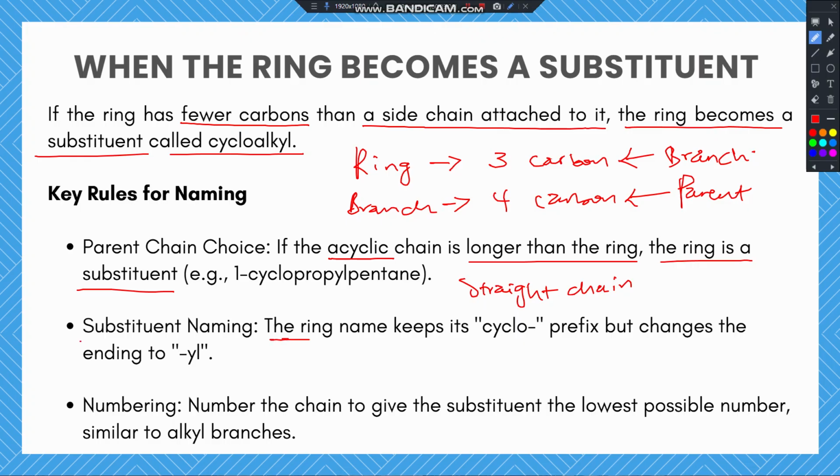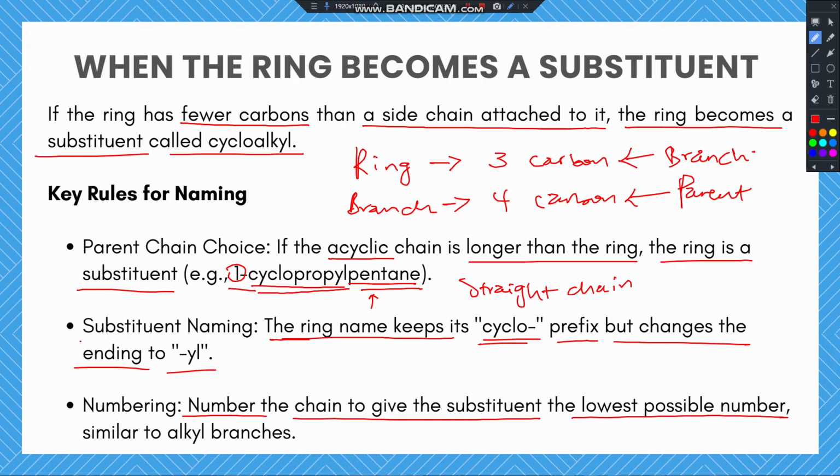The ring name keeps its cyclo prefix but changes the ending to "-yl". Look at this example: 1 cyclopropyl pentane. What this is telling you is that the parent chain is the pentane, and cyclopropyl is located on carbon number 1 of this pentane structure. I'll show you an example, don't get confused. And then thirdly, number the chain to give the substituent the lowest possible number, similar to alkyl branches.